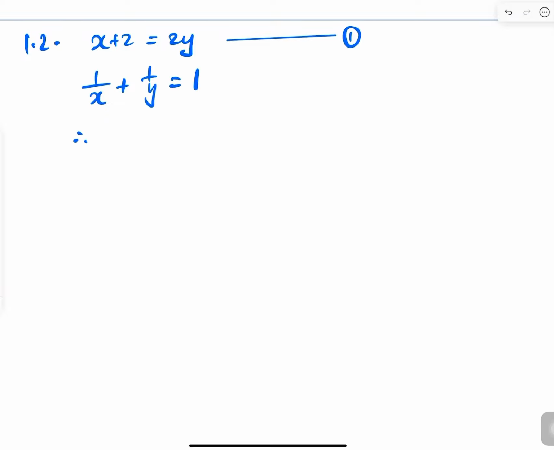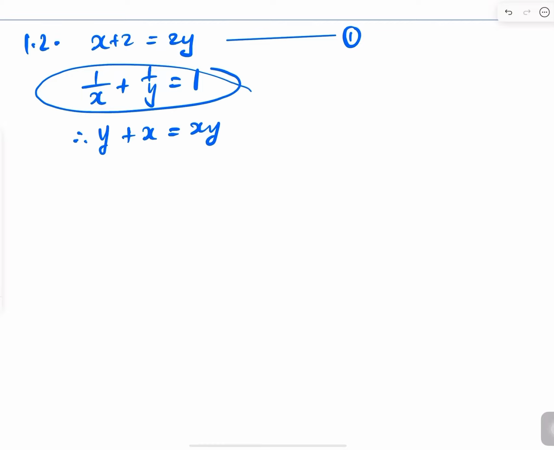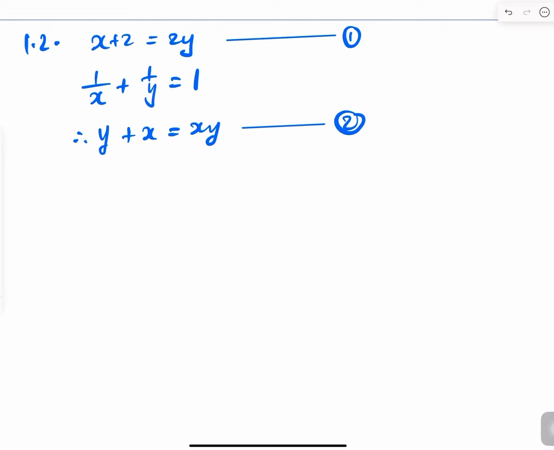If I do that, I'm going to get y plus x is equal to xy. You multiply this equation by xy, and that is going to give you guys the second equation. It's not really bad.